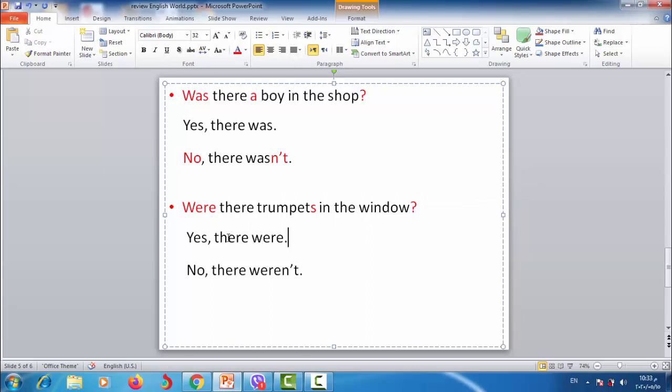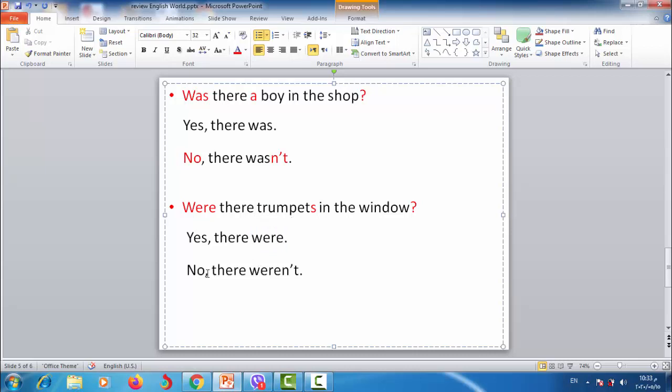Again, if the answer is yes, there is number one and were is number two. Yes there were. We cannot say there was because we have the plural s.